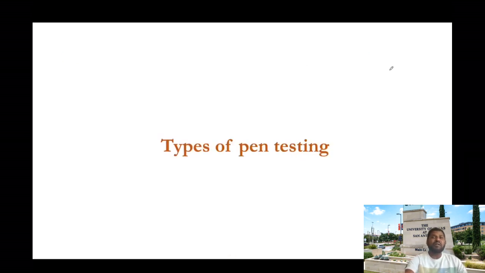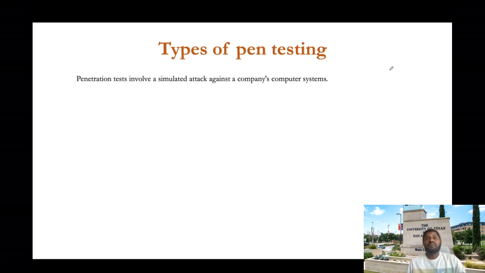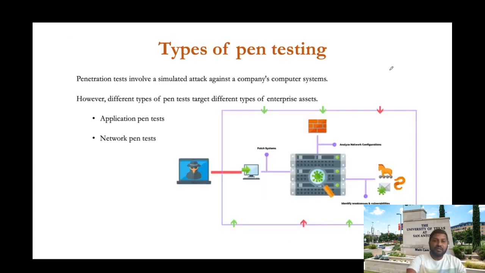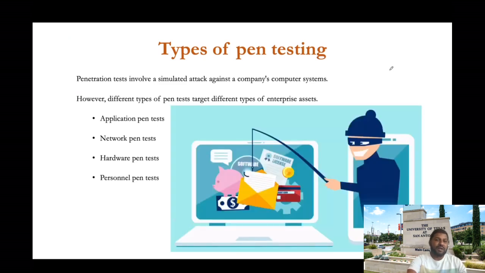The next topic: what are the types of penetration testing? A penetration test involves a simulated attack against a company's computer systems. However, different types of pen tests target different types of enterprise assets, such as the application pen test, network pen test, hardware pen test, and personnel pen test.